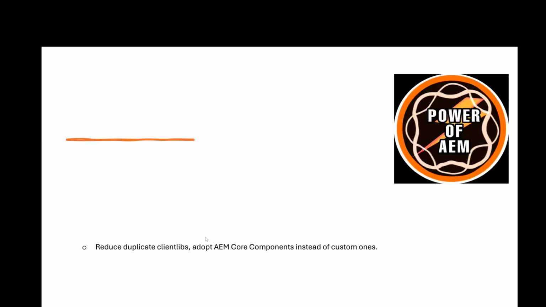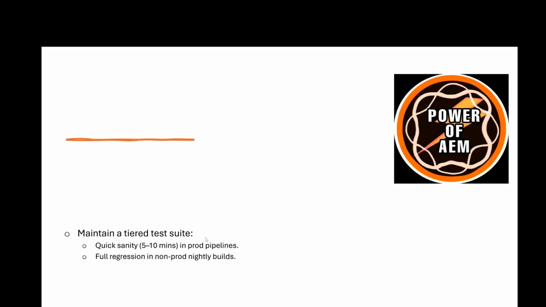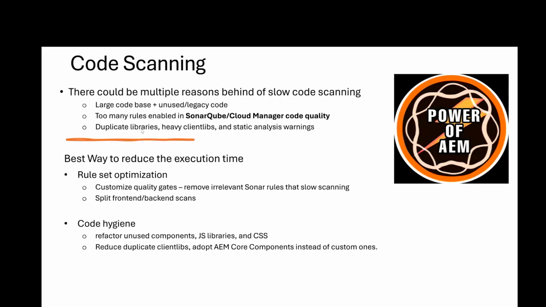Let's move to the next phase of the pipeline, which is code scanning. Code scanning is generally also considered a customer managed step, and some pipelines take a long time on that particular step because we might have redundancy in our code base. Maybe we have different Sonar rules checking against each and every part of the code base.